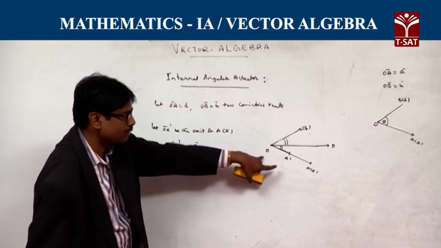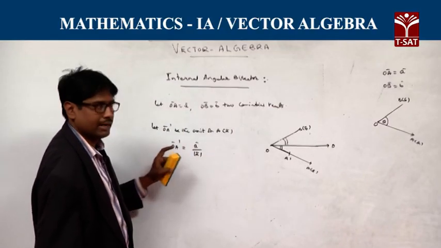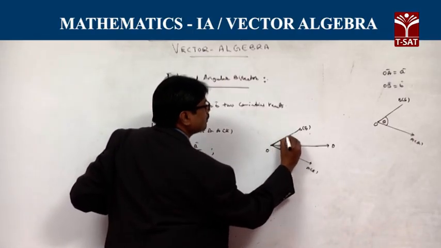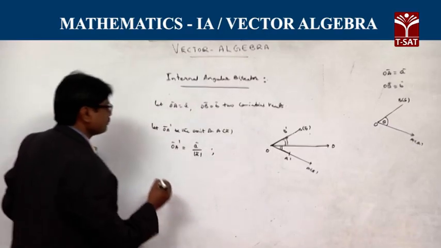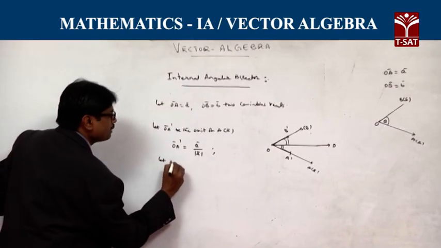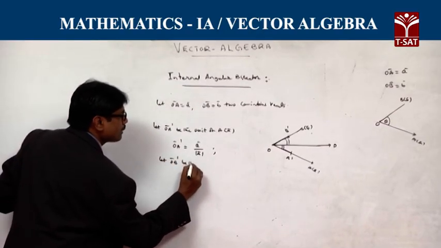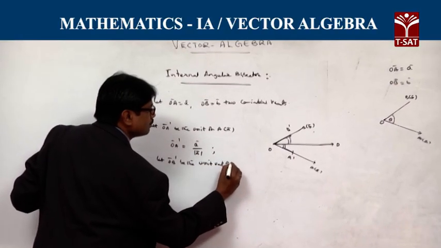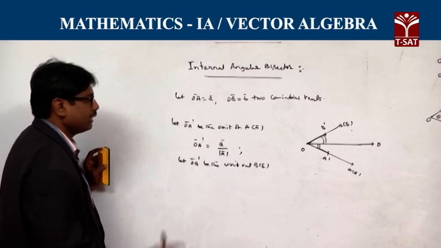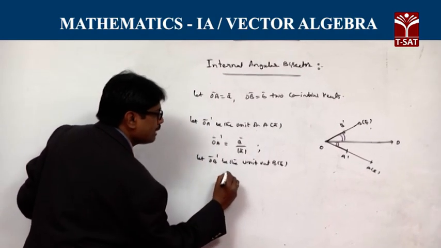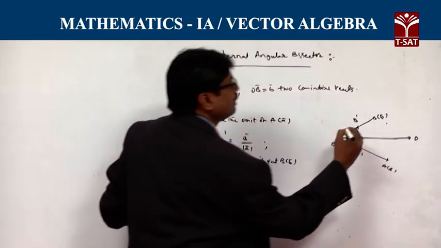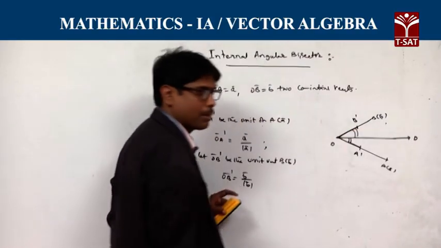I took the unit vector of A bar called OA dash and the unit vector of B bar, OB dash. Let OB dash be the unit vector of B bar. According to the unit vector formula, OB dash will be equal to B bar divided by mod of B bar.